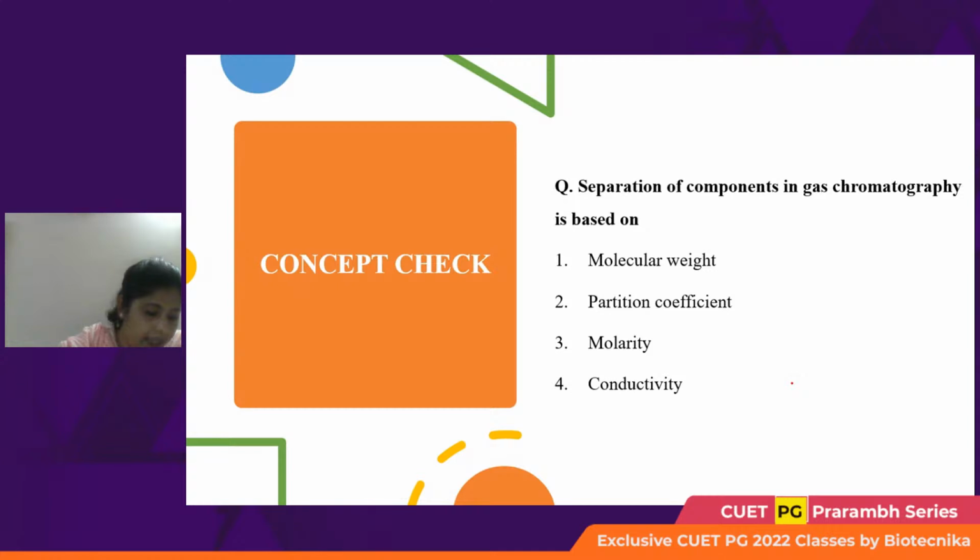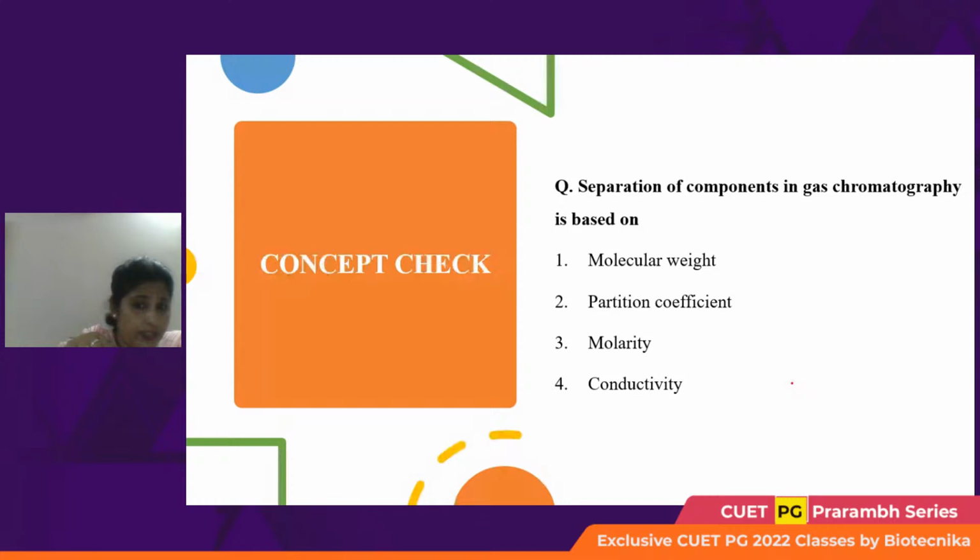Partition coefficient, very good. Nishant, Vidya, Manvi, Anushri, Chitra, I'm glad to see your answers. Azagya, Parveen, Ria, Jason, you're right. Shivani, you are saying molecular weight. Molecular weight, you remember? That is size exclusion chromatography. Make a keyword for every chromatography.